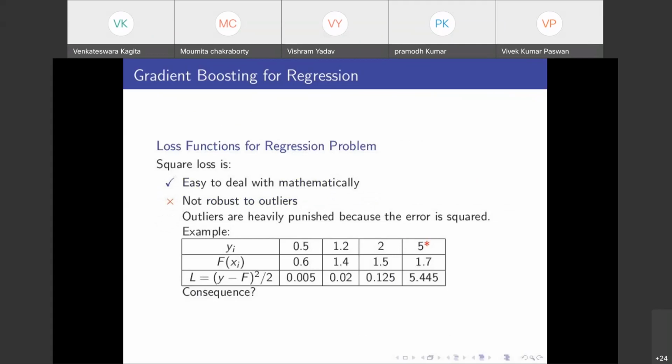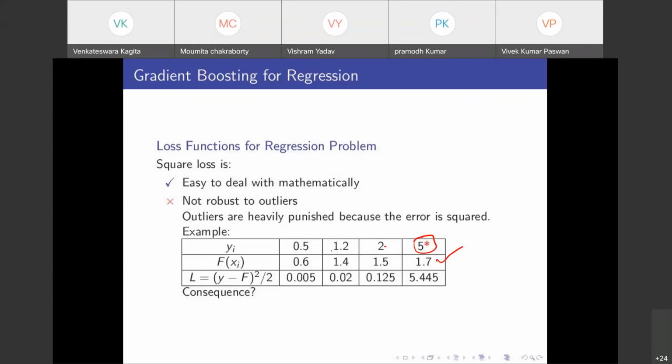If you take the square loss, it is easy to deal with mathematically, but it is not robust to outliers. Say this is an outlier point, which is very different from the other points, with a value of 5. The prediction is 1.7 for this. All the other points are normal points and the prediction is close to them.